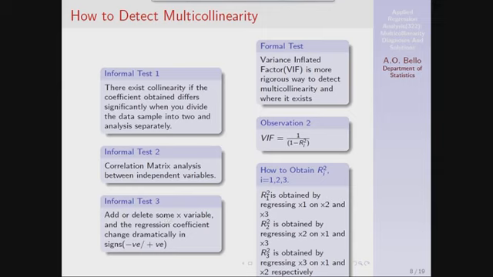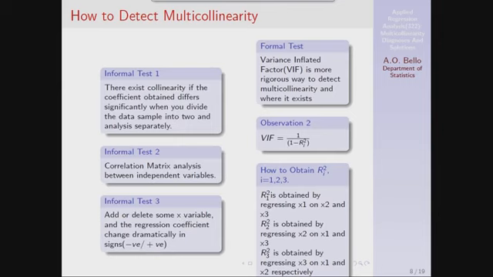The third one talks about when you add or delete some x variable, or what we can say some x observation, and the regression coefficients change dramatically in sign. So what are we saying here? Let's give an example with data of 30 observations.